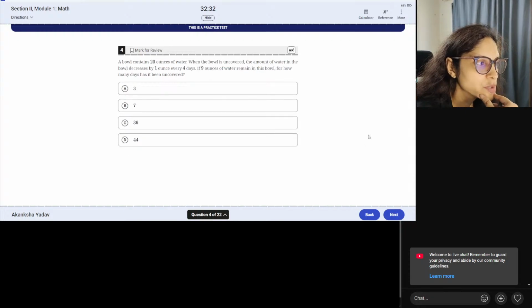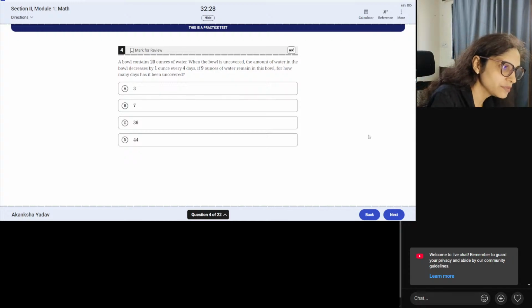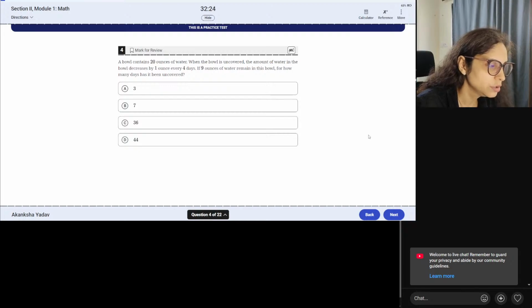A bowl contains 20 ounces of water. When the bowl is uncovered, the amount of water in the bowl decreases by 1 ounce every 4 days. If now 9 ounces of water remain in this bowl, for how many days has it been uncovered?